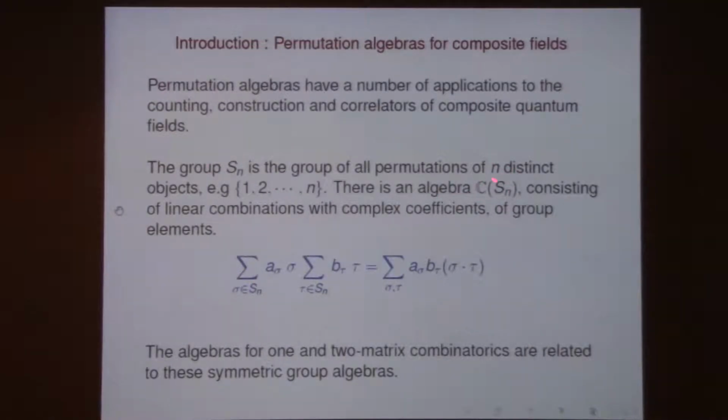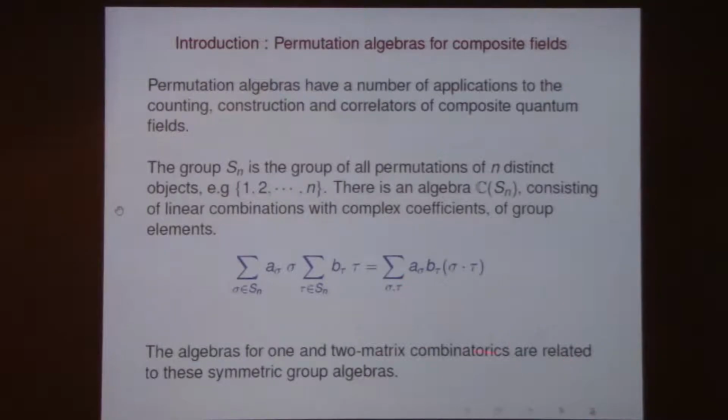The algebra is a vector space with a product. So you consider arbitrary linear combinations of group elements, and then on this vector space you have a product which is inherited from the group product. And that makes this vector space an algebra, which is an associative algebra.